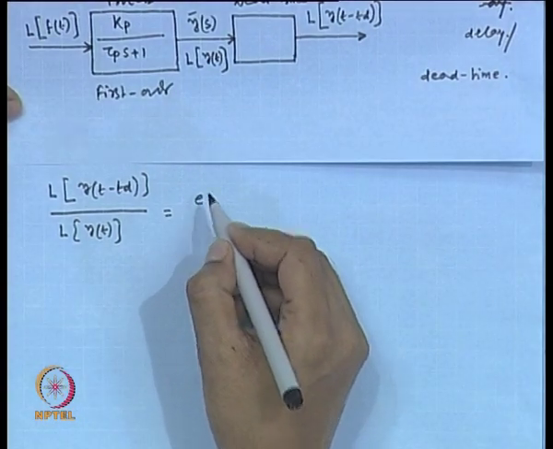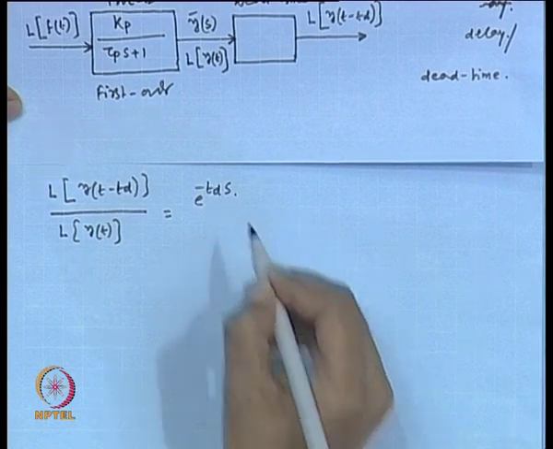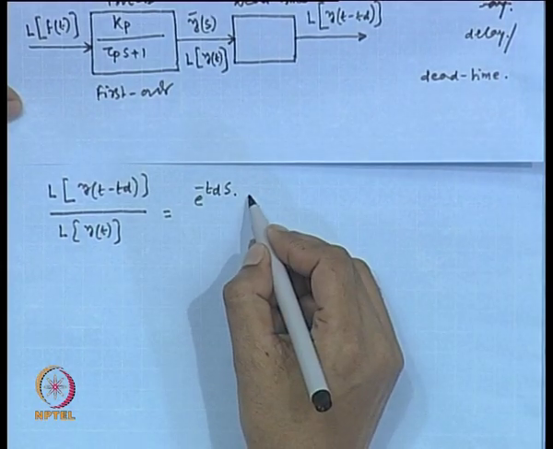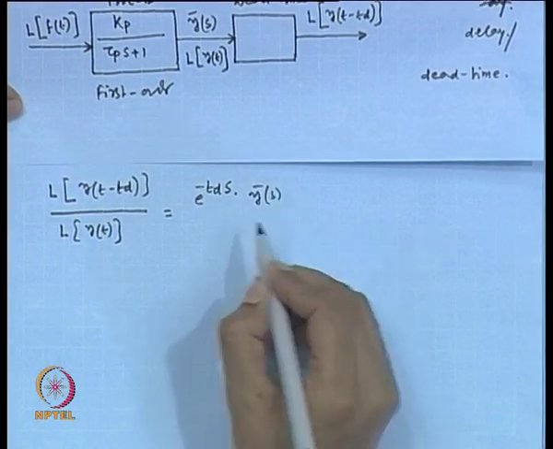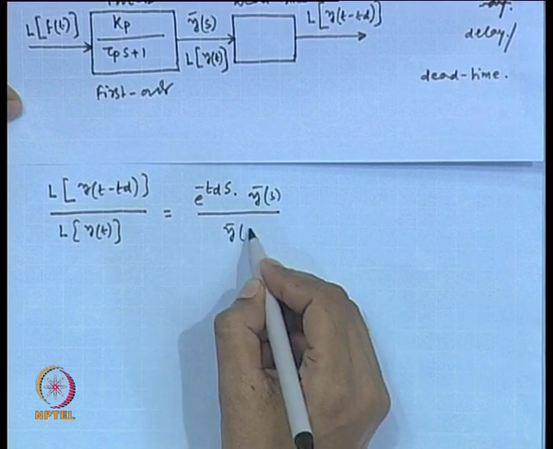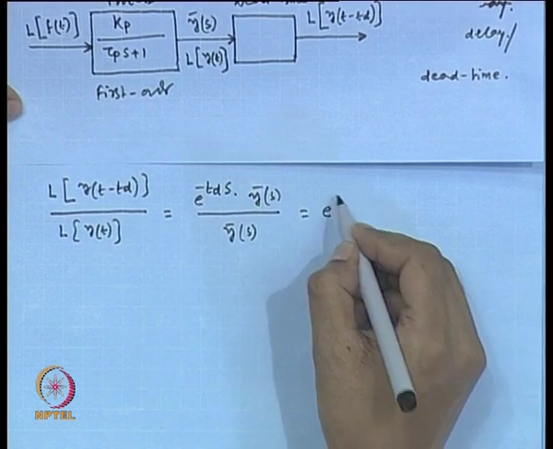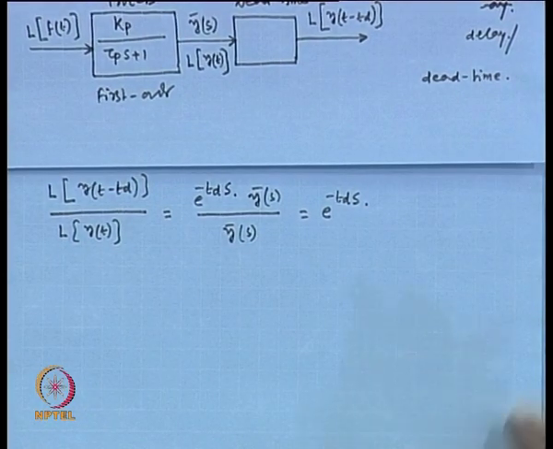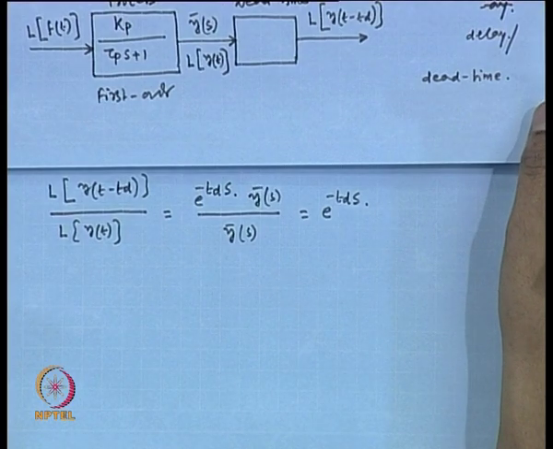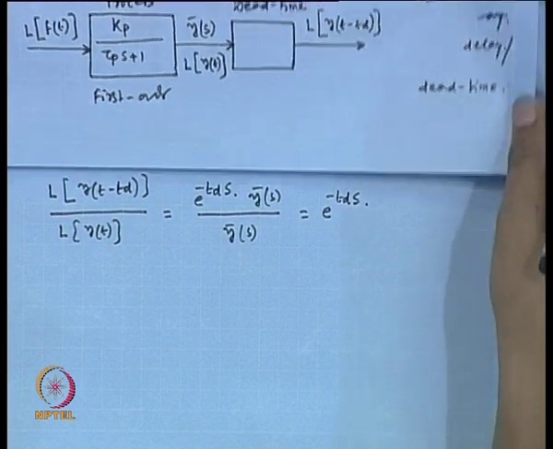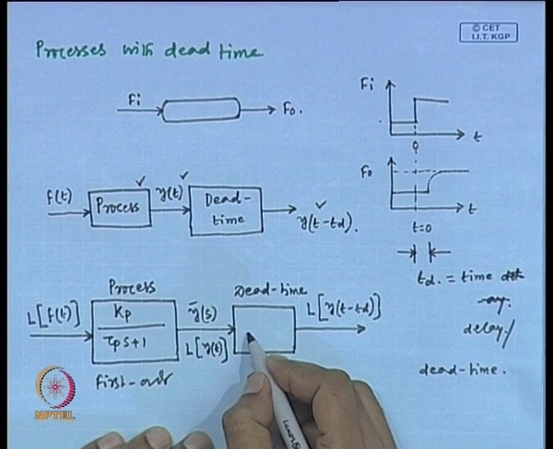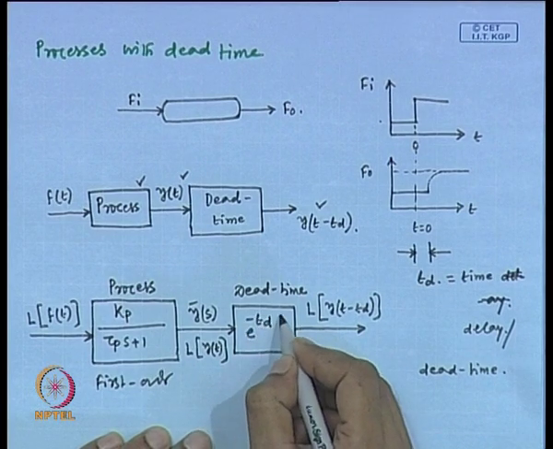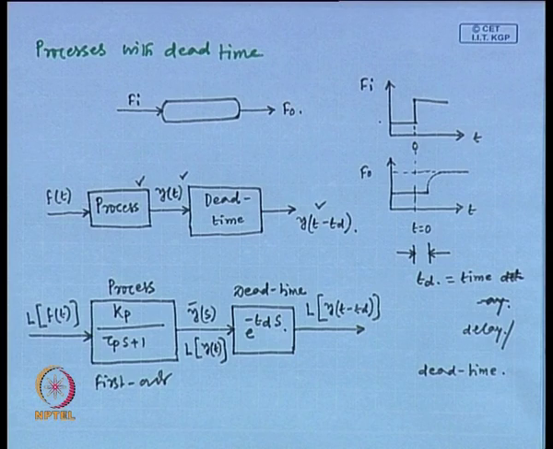So, this is exponential of minus tds times y bar s divided by y bar s, that means exponential of minus tds, fine. So, this is the transfer function of the dead time block. So, we can put here the transfer function as exponential of minus td s, fine.